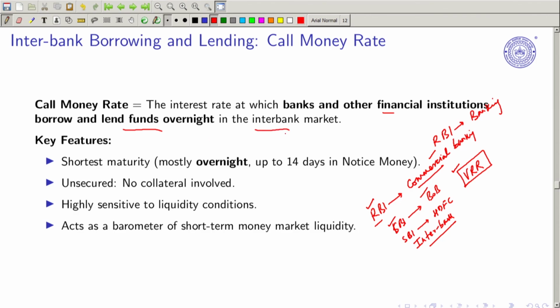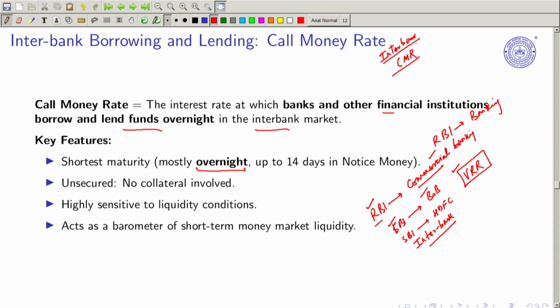Its shortest maturity is overnight, and one major difference is that the call money rate is the interbank rate. Call money rate is also called CMR.